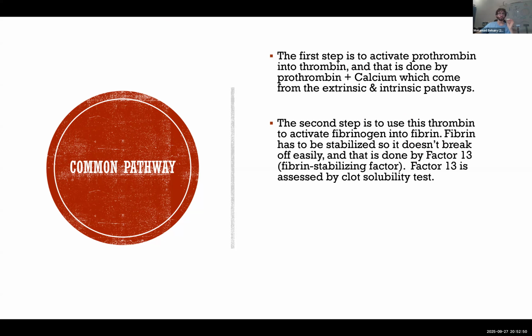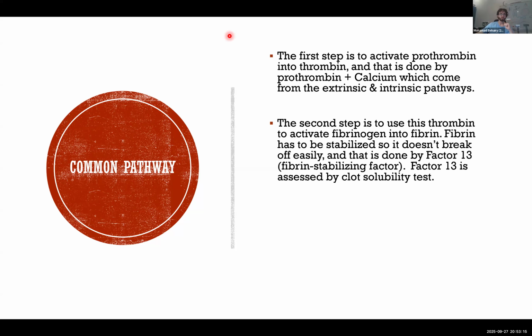How do we measure primary hemostasis, platelet plug? How can we know it's doing well or not doing well? Bleeding time, absolutely. How can we know if the extrinsic pathway is doing well? What do we measure? PT, absolutely. But what about the intrinsic pathway?